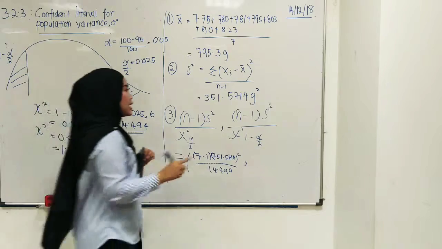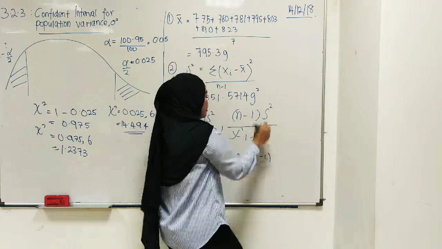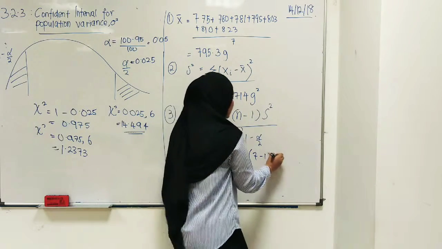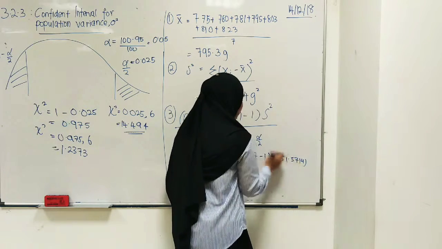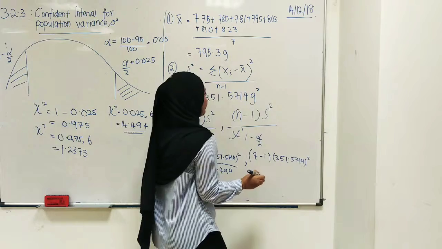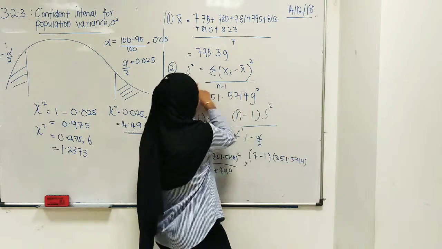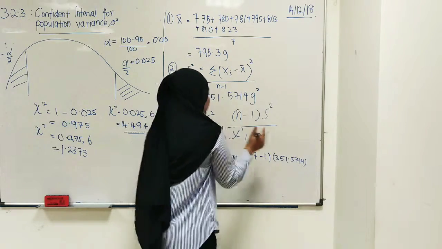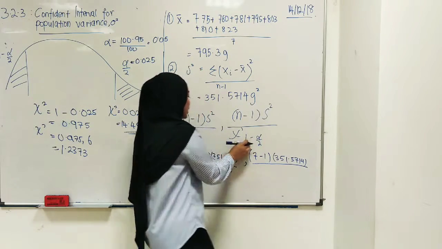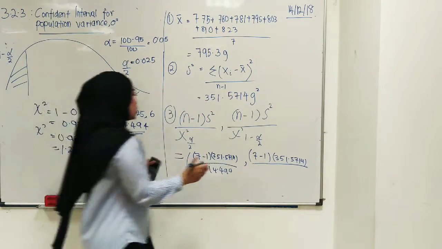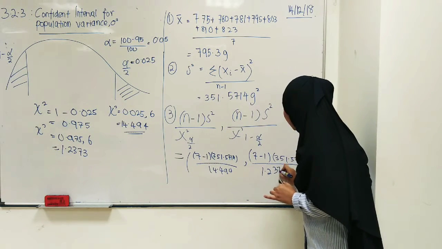The other one is n minus 1, 7 minus 1, multiplied by the sample variance 351.5714. We don't have to square it because we already squared the sample variance. We just multiply and divide by the chi-square value, which is 1.2373.